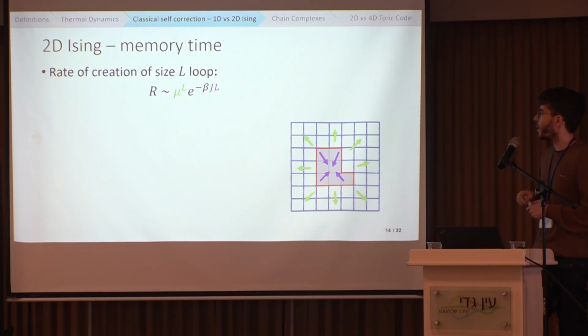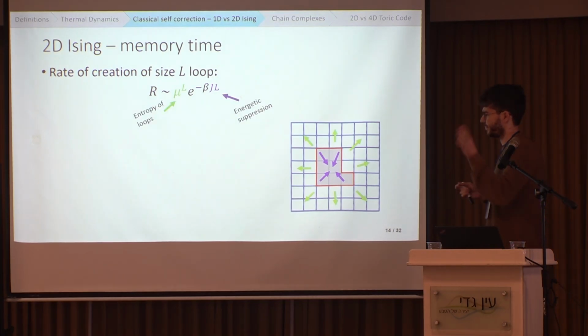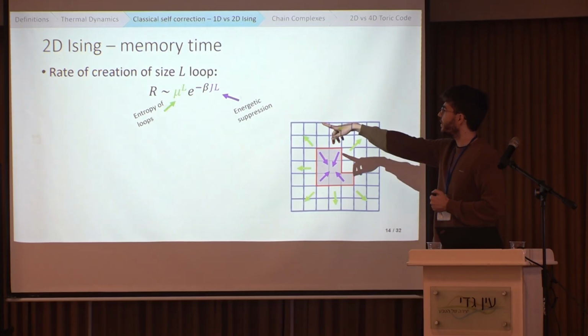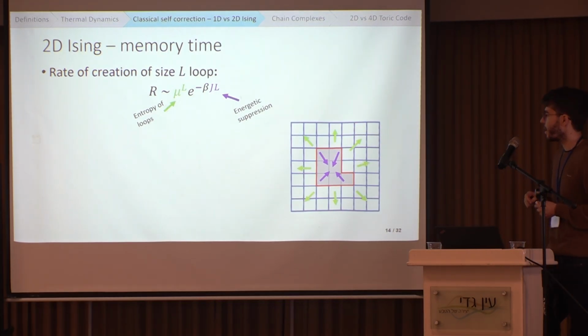So if we weight the rate, we have this expression, where the green part is the entropy of the loops, and the purple is the energetic suppression. If we think of it as forces, the energetic suppression tries to shrink our domains, while the entropy tries to expand them.